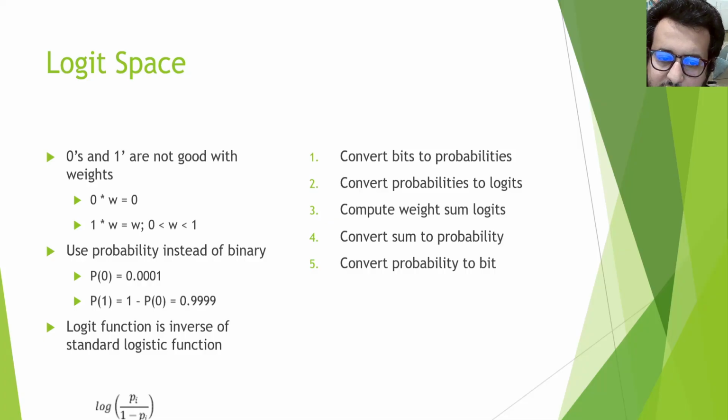So the strategy here is to use a probability instead of a binary. So we will put that binary value into some function that will do this. If it's a 0, you will get an output of, let's say, something that's really, really small but not quite 0, 0.0001. And if you put a 1, you get a 1 minus a p0, so 0.9999. That way it's almost 1, but it's not quite 1. And now we have something that can be useful.